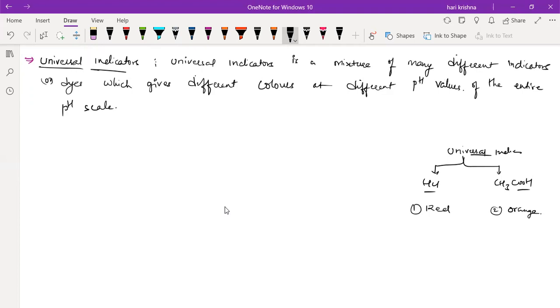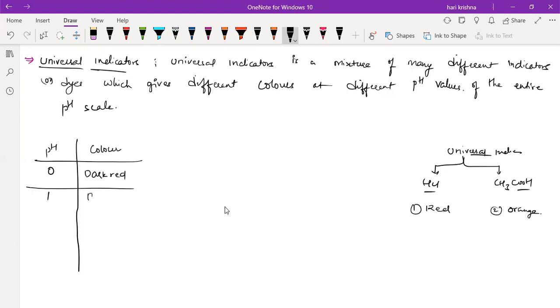Now I will write the pH and the color change. You have to tell which one is that and which one is this. When the pH is 0, that is a dark red. At pH 1, only red color will be formed. Then 1 and 2.